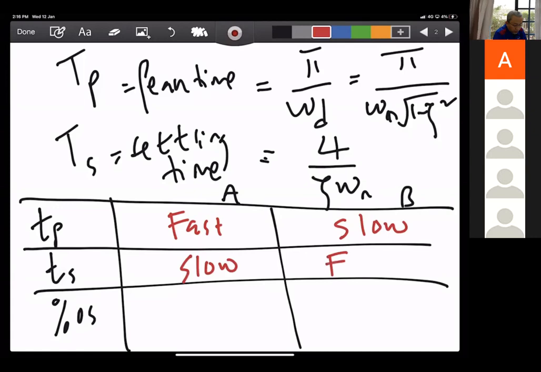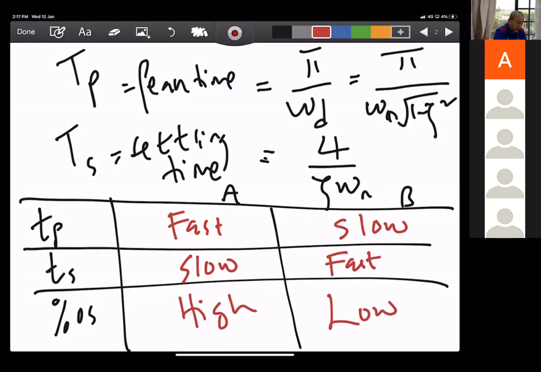And for B, which is far away from the imaginary axis, settling time is fast. Overshoot for A, with complex conjugate poles near to the imaginary axis, the overshoot is high. And for B, which is far away from the imaginary axis, the overshoot is low.